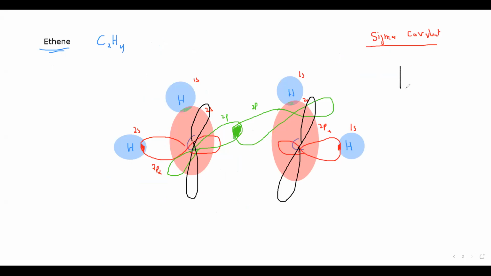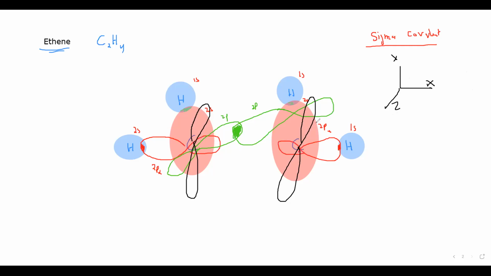Because look, it's 3D. If this was x, this one is y, and this one is z, then the y-axes can overlap with each other or the x-axes can overlap, but the z axes will not overlap.